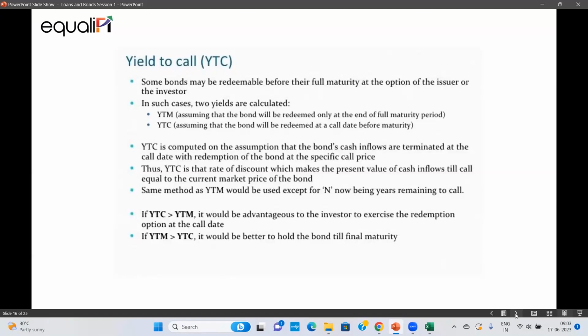Whereas if I wait till maturity and whatever value I get is more than my yield to call, then it would be better for me to hold the bond till maturity, right?